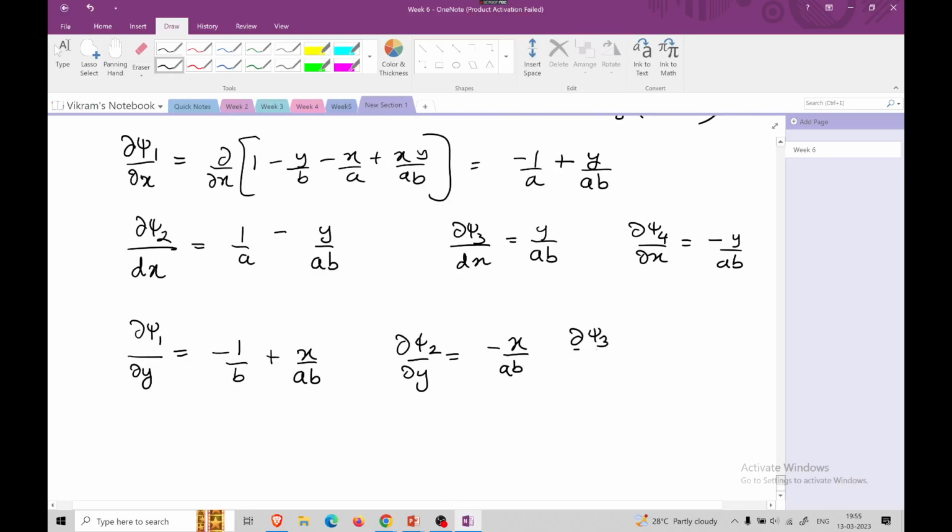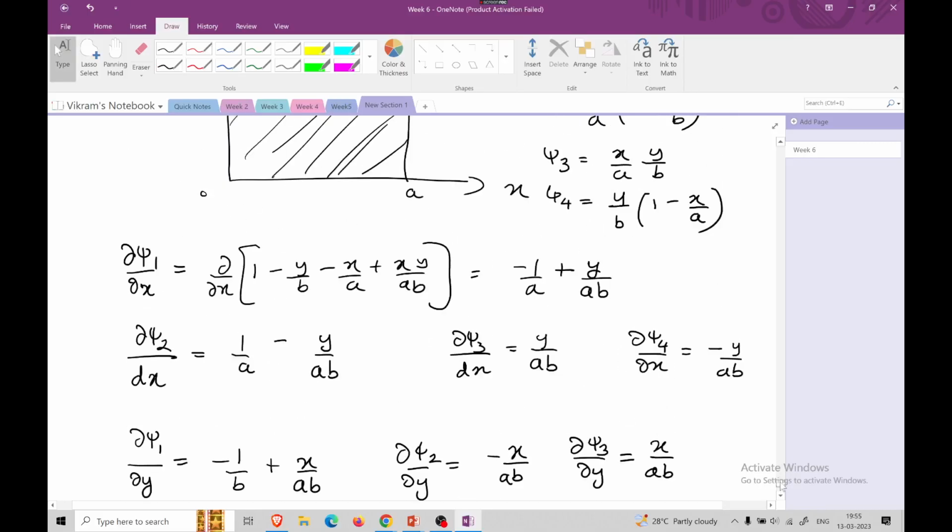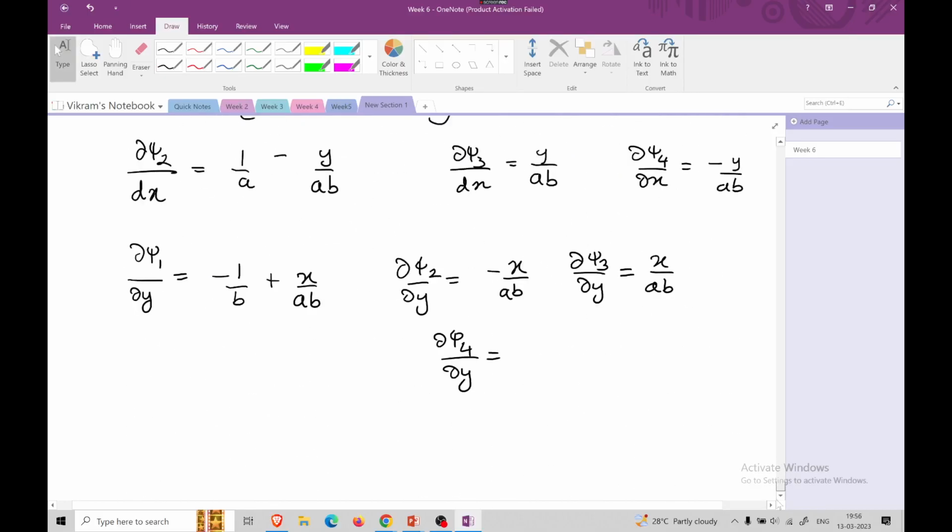Dou psi 3 by dou y is equal to x by ab. Dou psi 4 by dou y, you can say, this one: minus x by ab, 1 by b minus x by ab.